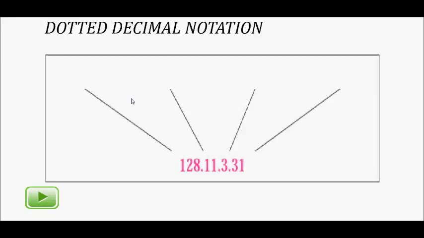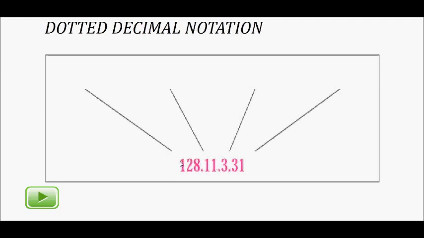Now let's look at dotted decimal notation, which is the most usual notation of an IP address. We have this number, 128.11.3.31. This is a human readable format of an IP address.